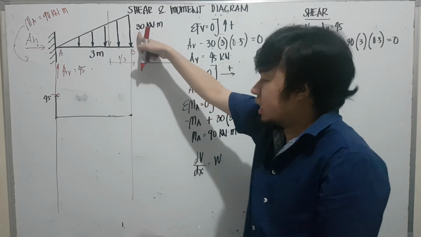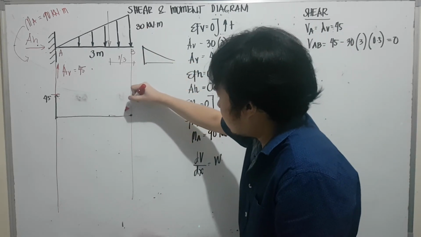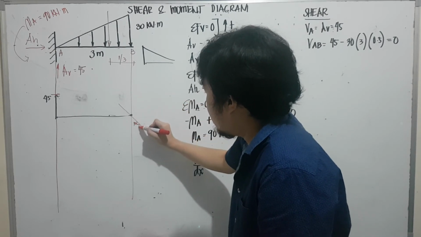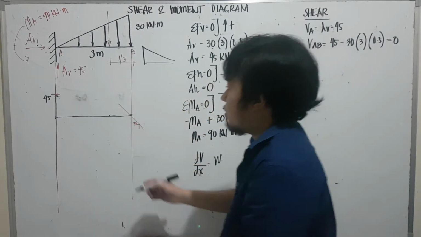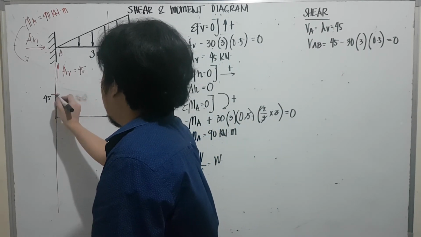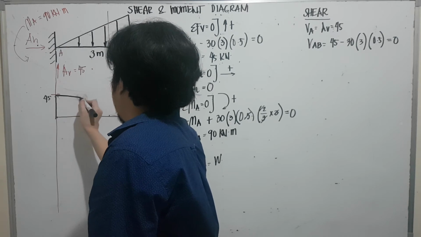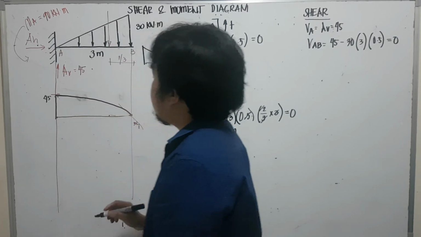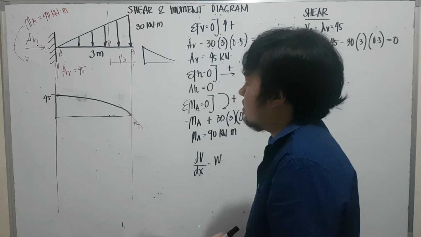So that is 30. So more or less, this is 30 is to 1. Therefore, my first assumption is correct. So the behavior of the curve is concave downwards. Okay?